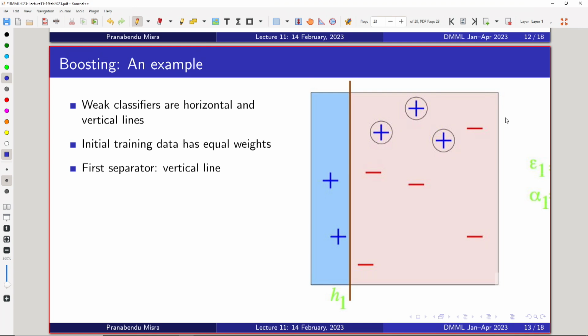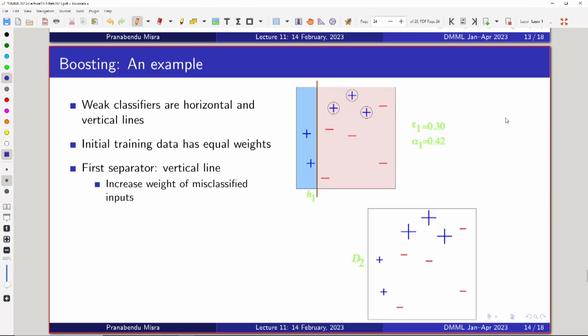Everything to the left of this line is positive, everything to the right is negative, and of course, this is a very weak learner, as in it will get these three things wrong. So, in the next step I will increase the relative weights of these points as compared to the other points, because they were wrongly classified.